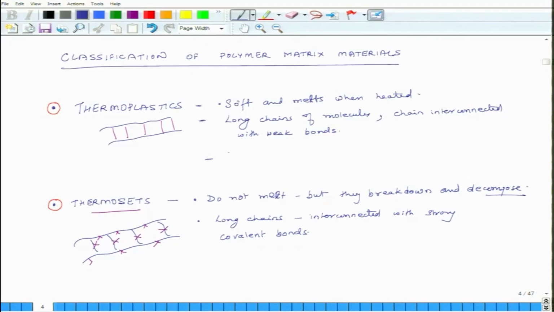So thermoplastics could be polyethylene. Then we have PEEK, polyether ether ketone, polyamides, polyacetals, polysulfone, PPS.